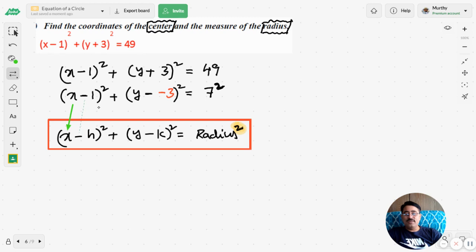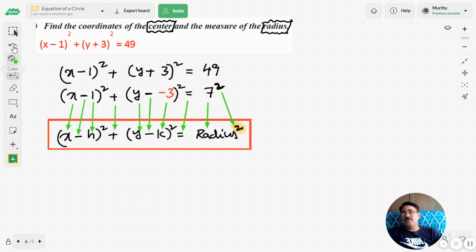Negative sign matching with negative sign. Yes. Then 1 is matching with h. Positive sign. So I'm just comparing and checking every minute thing. Now here k, then equal to sign, and again square and square.